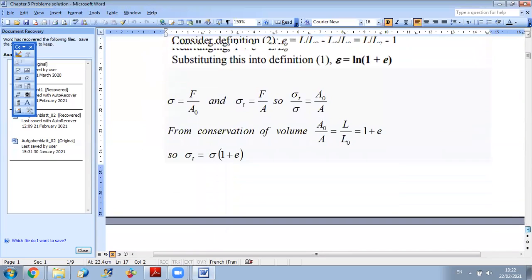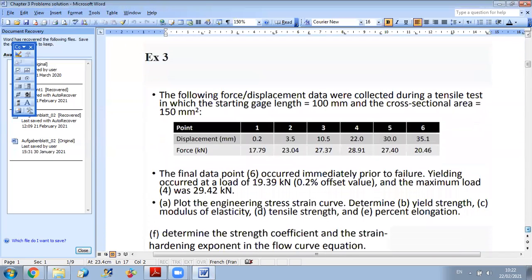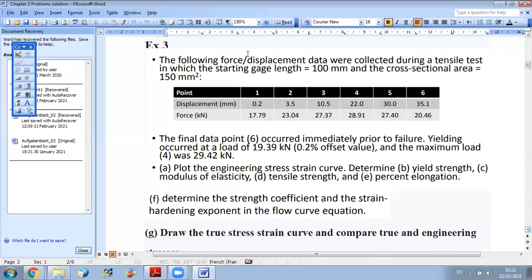Now we'll start problem 3. This is the most important problem because it involves a lot of parts. So first, in problem 3, the following force displacement data were collected during a tensile test in which the starting gauge length is equal to 100 millimeter and the cross-sectional area is equal to 150 millimeter square.